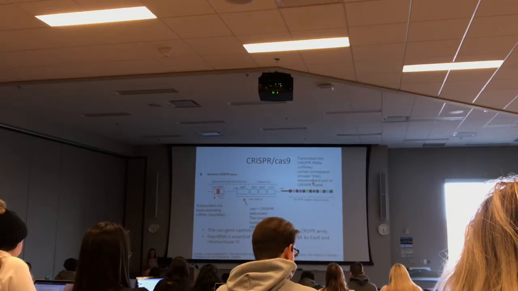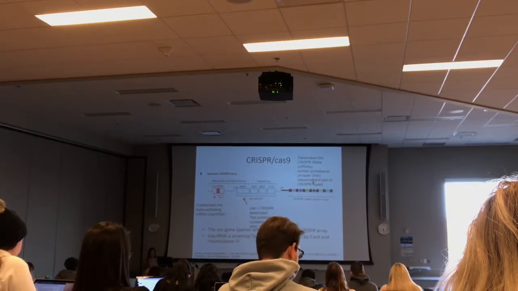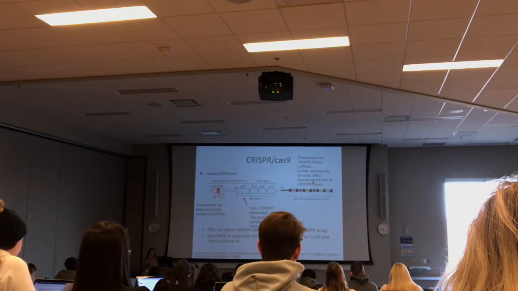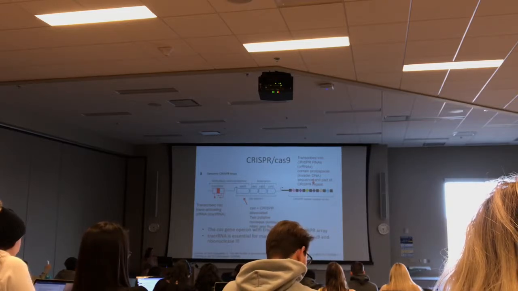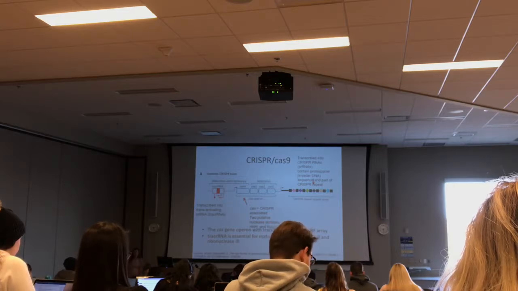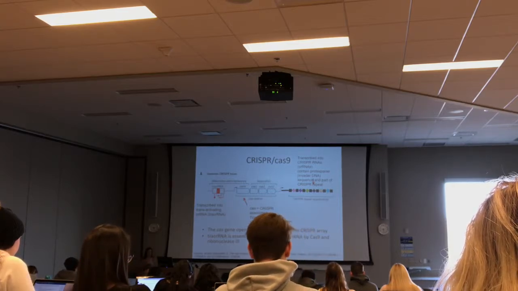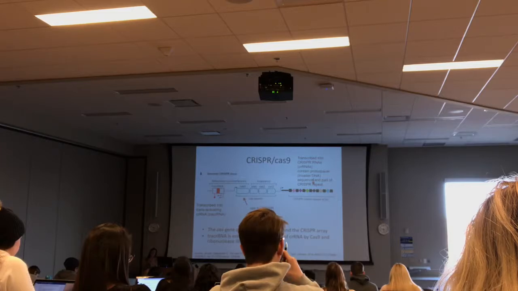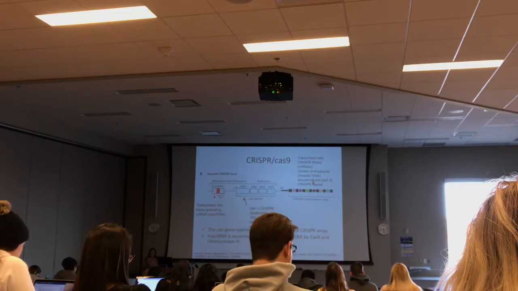It cleaves in the complementary DNA sequence, right? That's complementary to the guide RNA. And then the RuvC-like domain cleaves where? The other one, that's right. Opposite of that, right? So that's what's key.